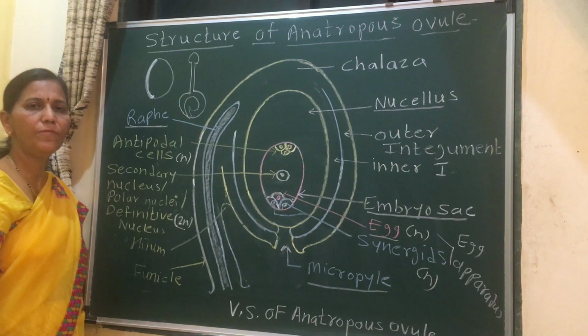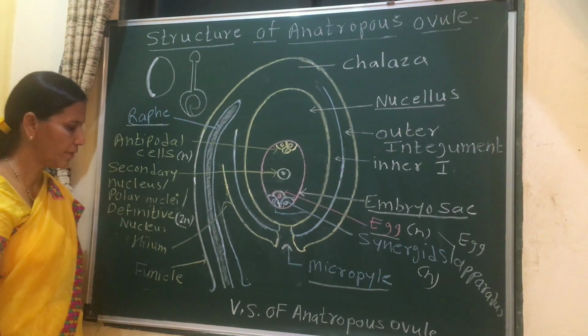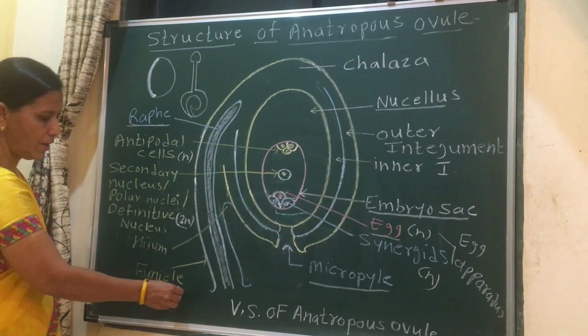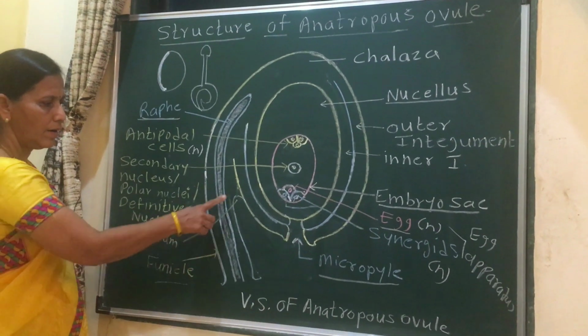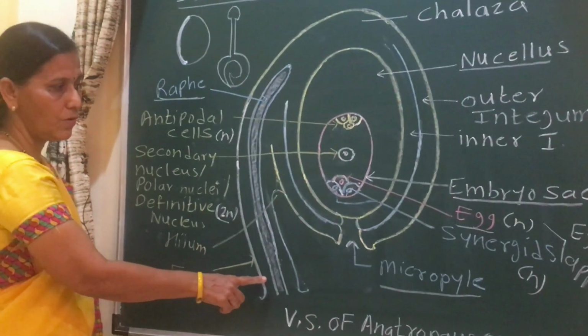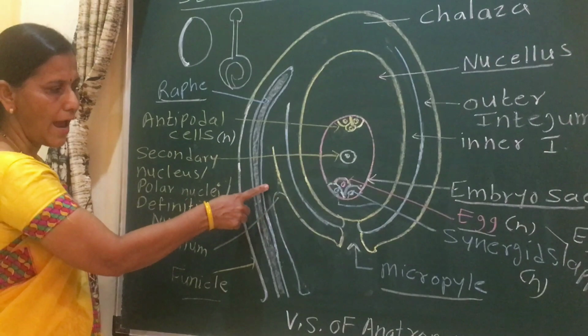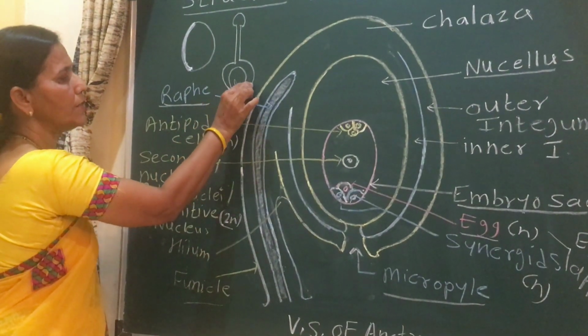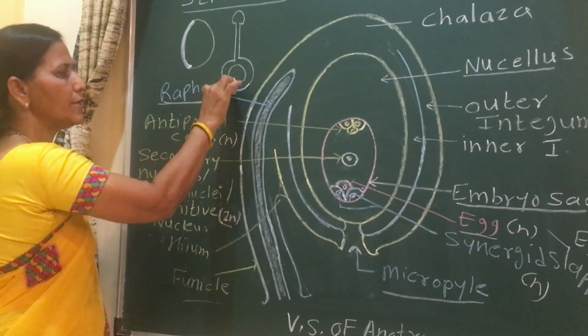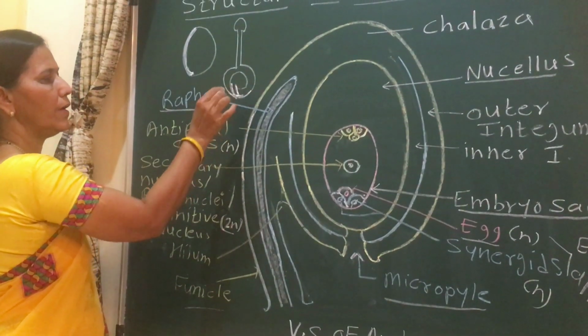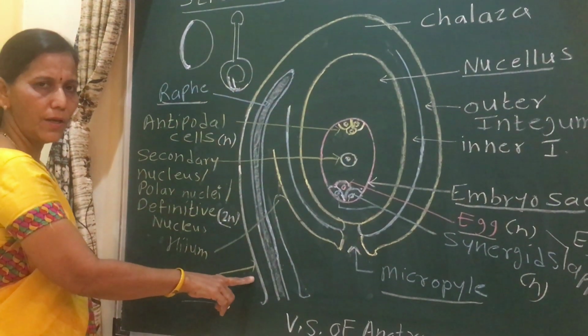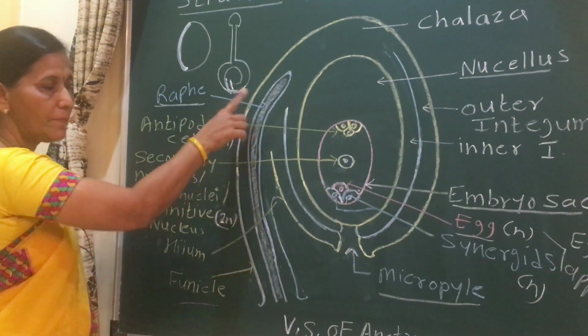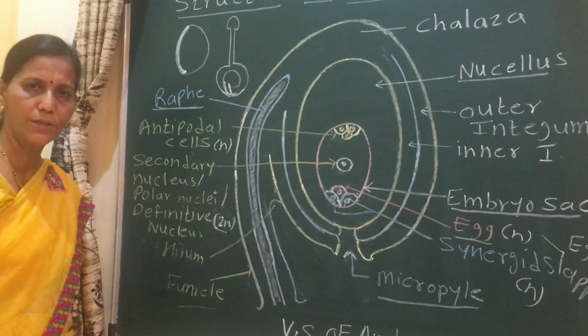Then we will see the function of each part. First, funicle. It supports this ovule. It attaches ovule to the placenta of the ovary. This ovule gets attached to the placenta of the ovary through this funicle. It performs the function of conduction.